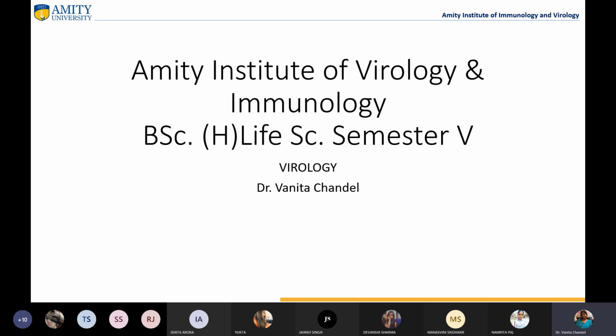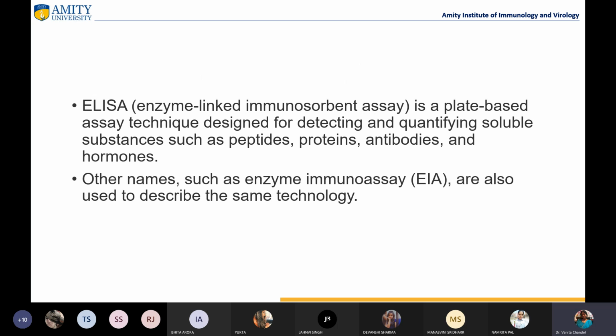So serological detection, when we talk about enzyme linked immunosorbent assays, right, these are very commonly used, and in plants they were first done by Clark and Adams, and before that they were already being done for the detection of animal or human viruses, right? This is a plate based assay technique designed for detecting and quantifying soluble substances such as peptides, proteins, antibodies or hormones.